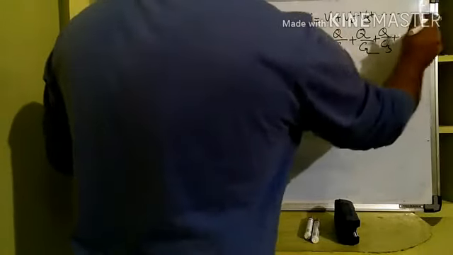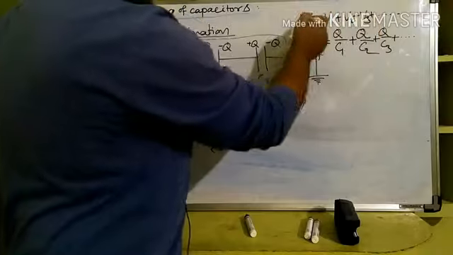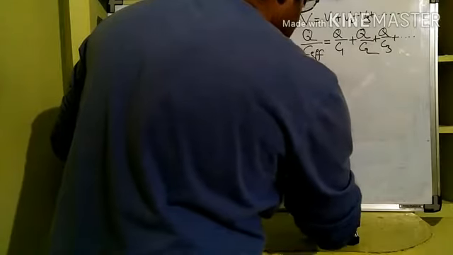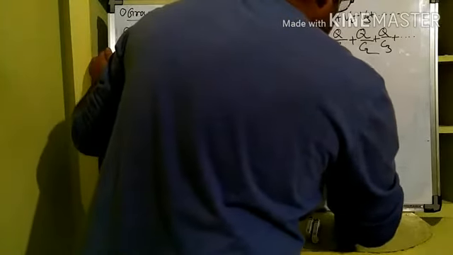This implies, Q we can take common everywhere and that Q will get cancelled with this Q. So what we can write: 1 by C effective is equal to 1 by C1 plus 1 by C2 plus 1 by C3 plus so on.